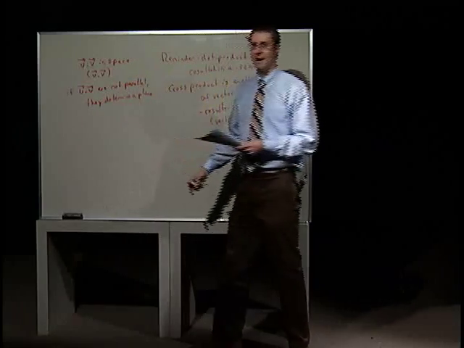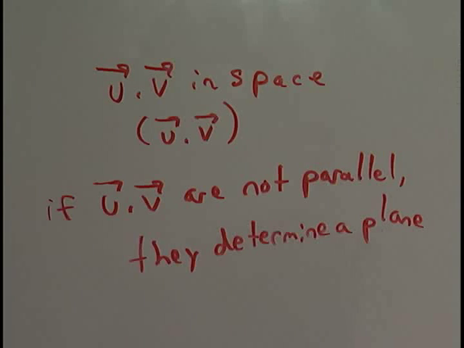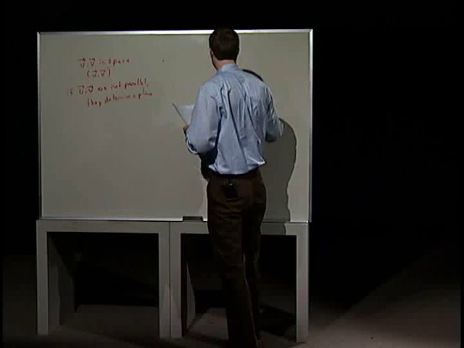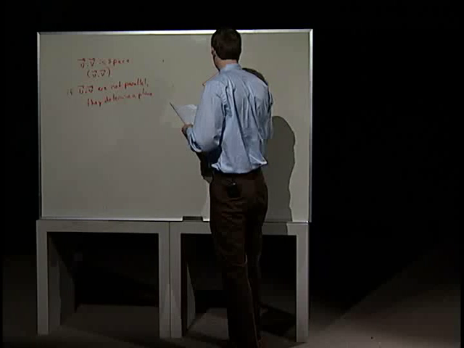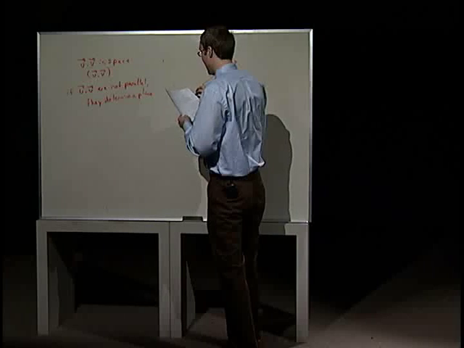So if u and v are not parallel, they determine a plane. All right. Let's draw this up here. So here's a vector u, here's a vector v. They're non-parallel. All right. We'll draw a plane around them.